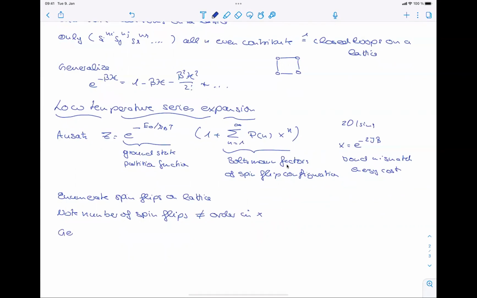This can also be generalized to a d-dimensional lattice.